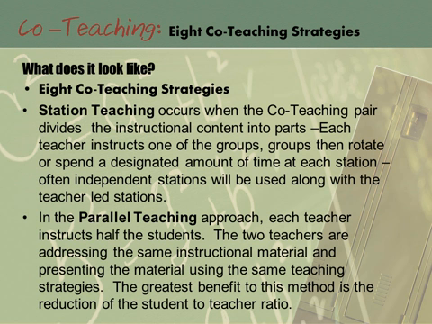In another way of carrying out co-teaching, we have parallel teaching, and this is where each teacher instructs half the students. The two teachers are addressing the same instructional material and presenting the same material using the same teaching strategies. And the greatest benefit to this method, though, is the reduction of the student-to-teacher ratio.